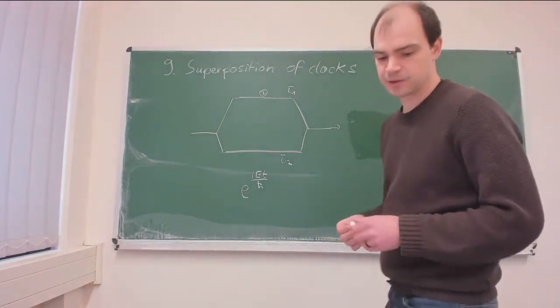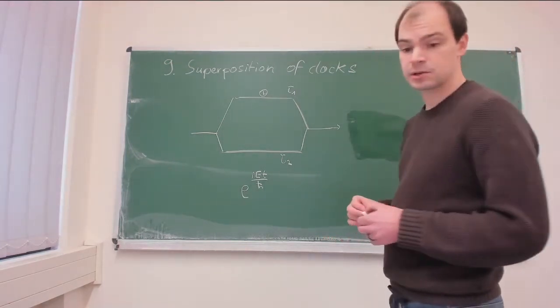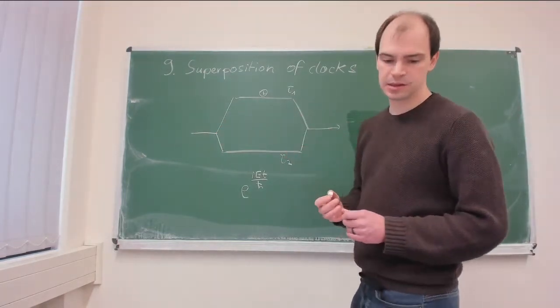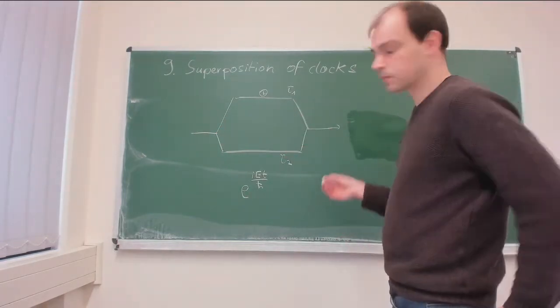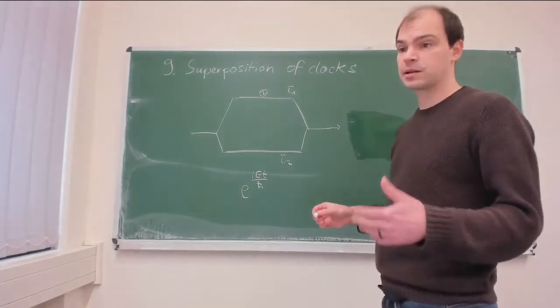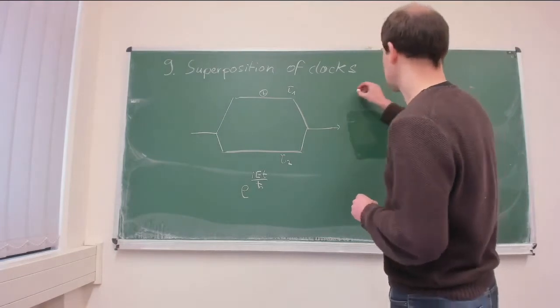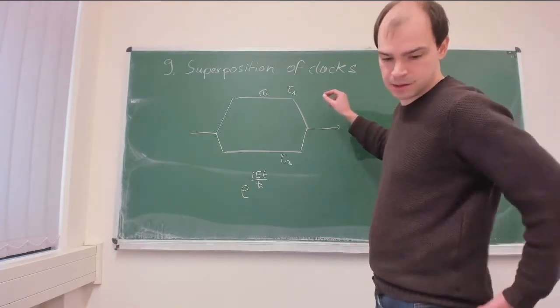So let's look at the following. In general relativity, we have some metric that describes our space-time, and with this metric, we have a line element.